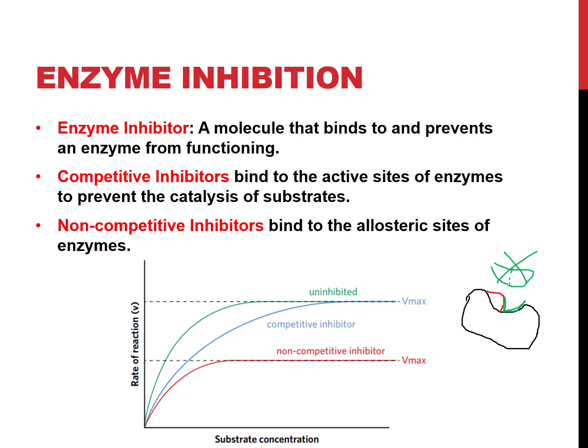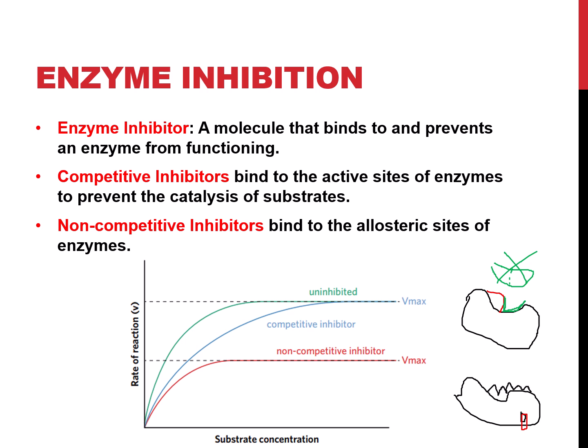Whereas if I draw this again, same sort of thing, this time we have this extra part down the bottom. A non-competitive inhibitor comes along, and we'll do it in red again, and it binds to an allosteric site, which is a site away from the active site, and then that will end up changing the active site.